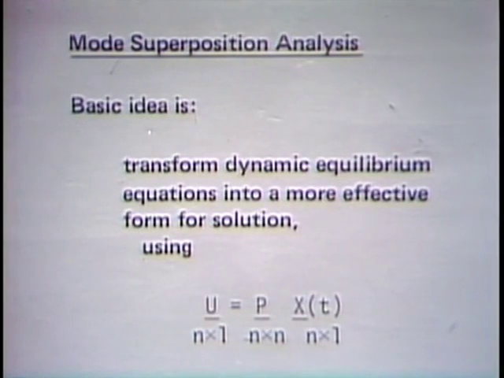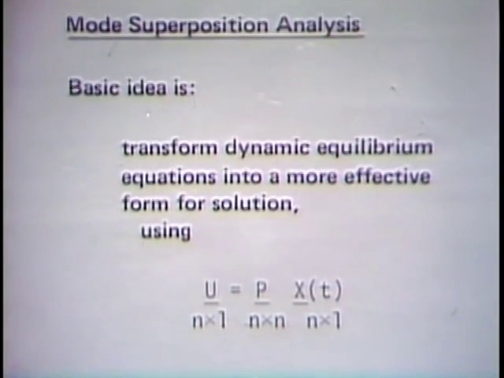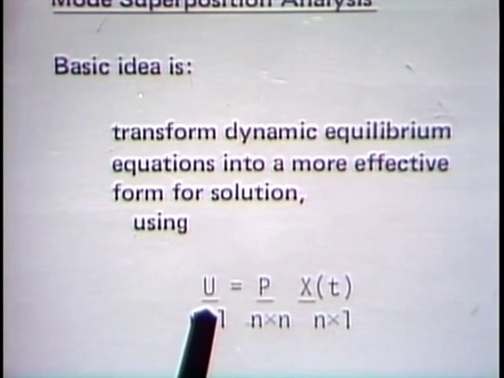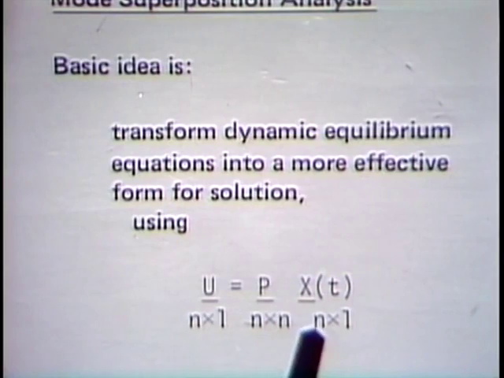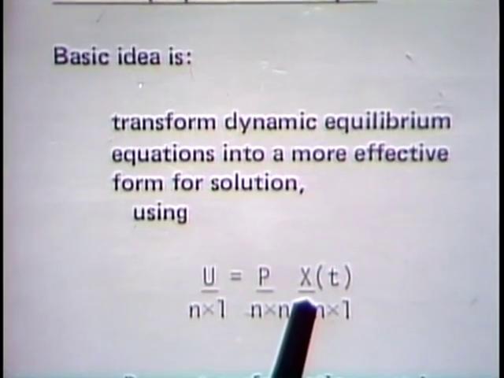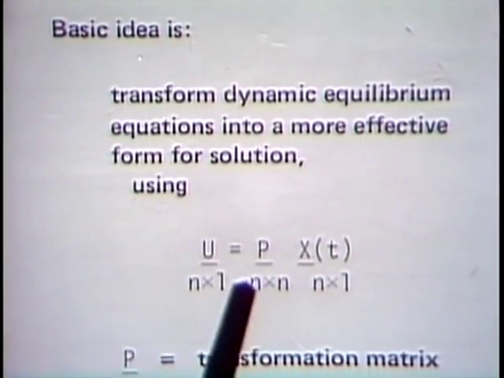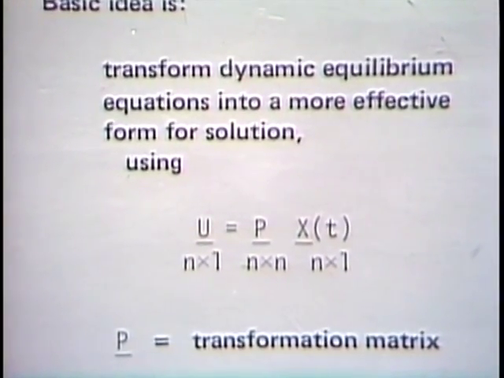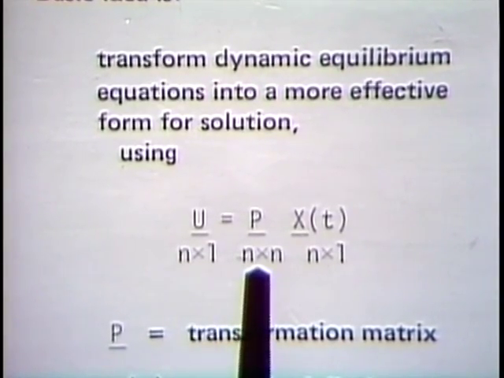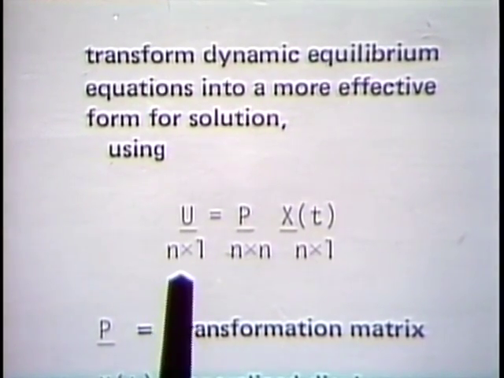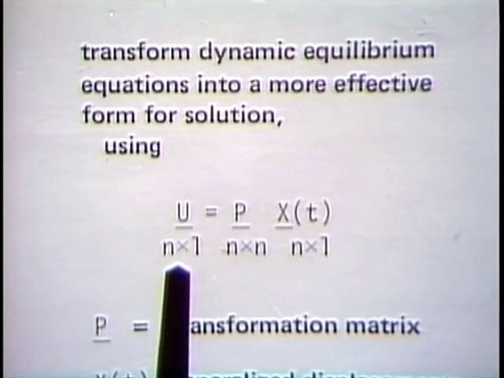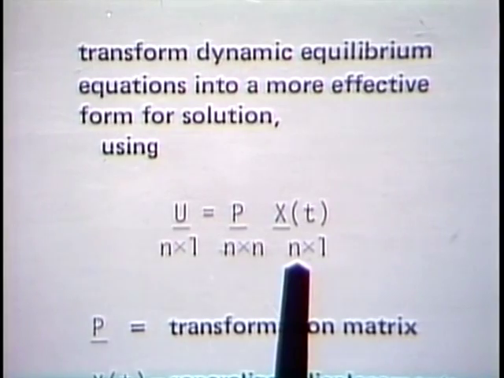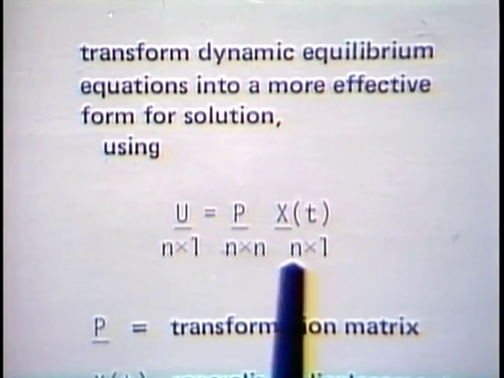The basic idea in the mode superposition analysis is the transformation of the U displacements into a set of new displacements x. P is an n by n matrix which is non-singular. If P is non-singular, we should recognize that the vector u of length n is uniquely given when we have the vector x also of length n, and vice versa.